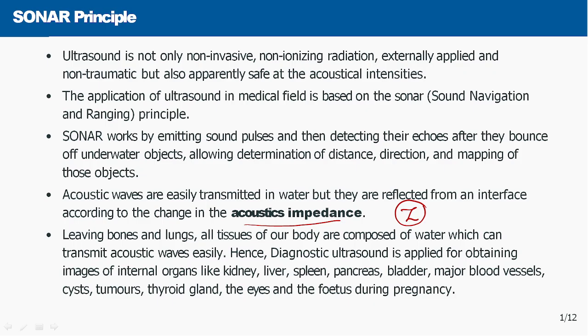That is why these acoustic waves can be transmitted as waves inside these tissues. Hence, diagnostic ultrasound is applied for obtaining images of almost all internal organs like kidney, liver, spleen, pancreas, bladder, major blood vessels, cysts, tumors, thyroid glands, eyes and fetus.